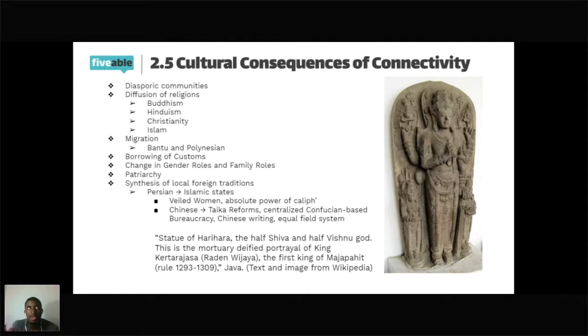in Trans-Saharan trade routes, how women were seen as dangerous, and how with the Mongols and them connecting, they had an egalitarian society. Those are just a few notable adjustments that we'll see coming up in Unit 3.